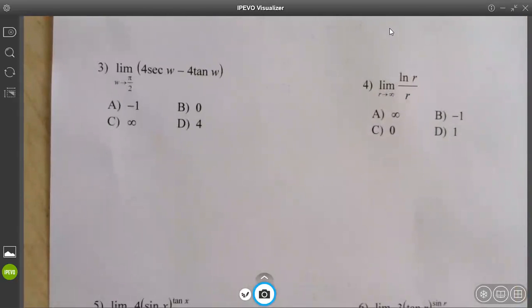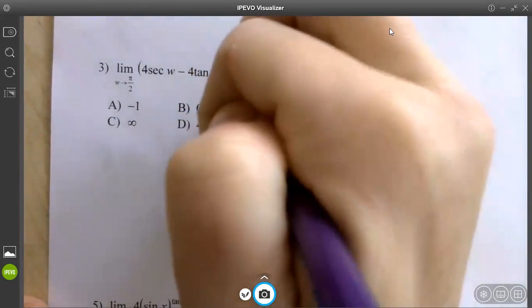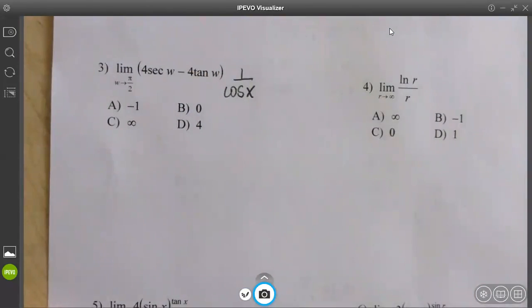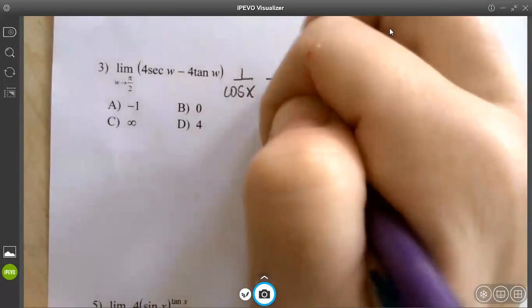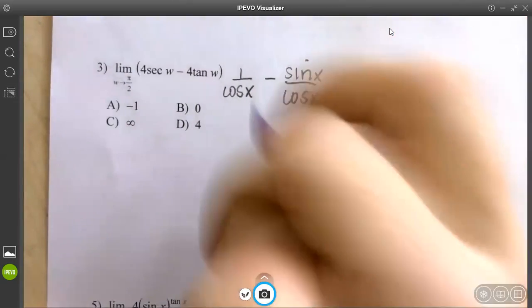All right. What do I do on this one? Ignore the 4 for a little bit. What about secant? What can I do to it? I'm going to change it to X just because it's easier to look at. Because we can change tangent into what? Which gives us a common denominator.